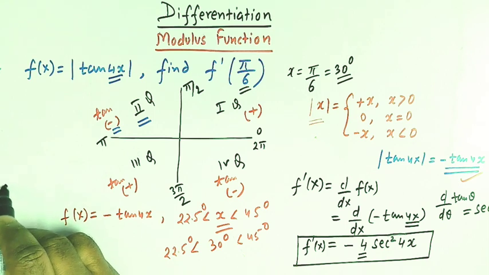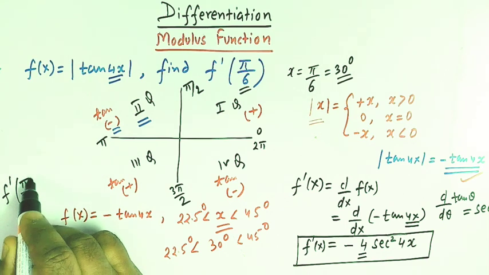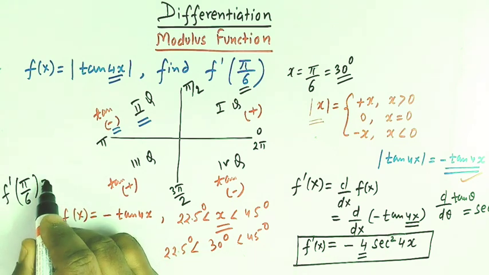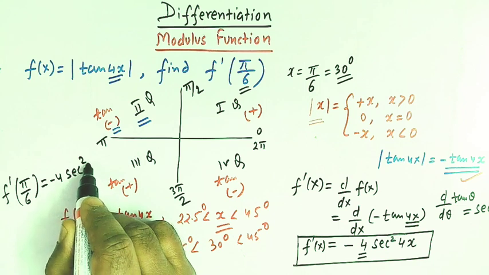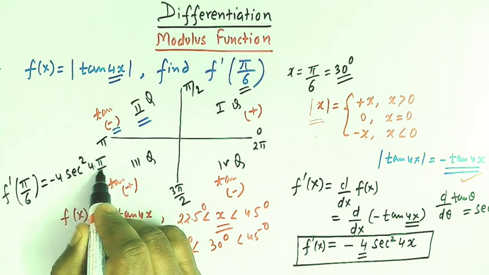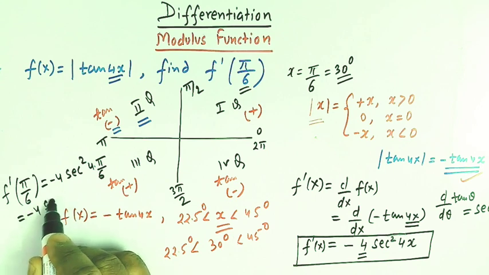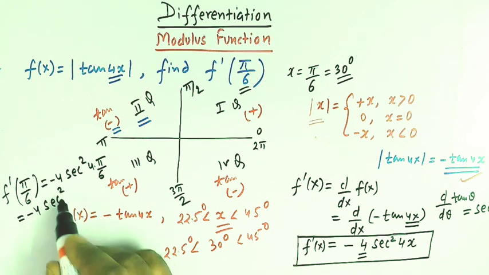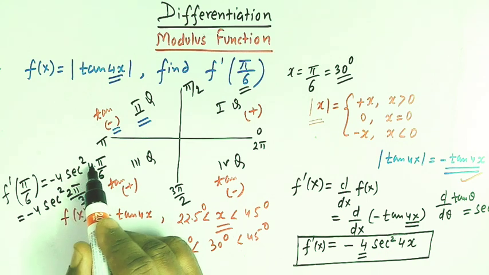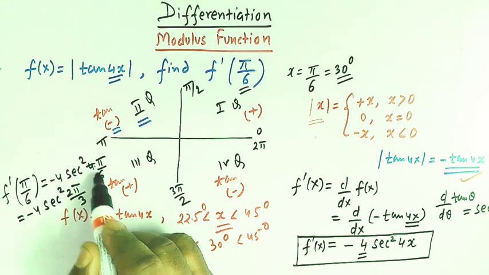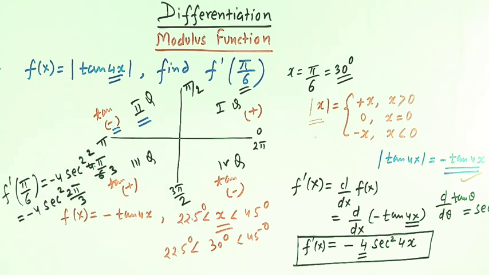So f prime of pi by 6 is equal to minus 4 times secant square of 4 times pi by 6, and that is equal to minus 4 times secant square 2 pi by 3, because we have cancelled 4 and 6 by 2, so here we have 2 and here we have 3.